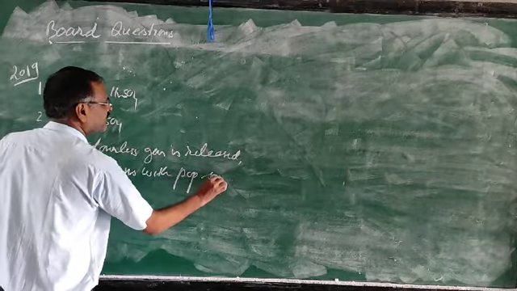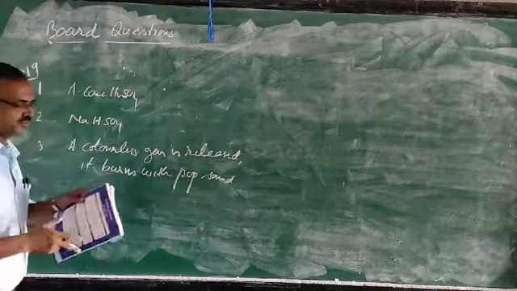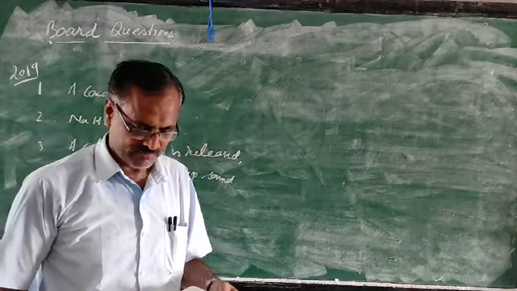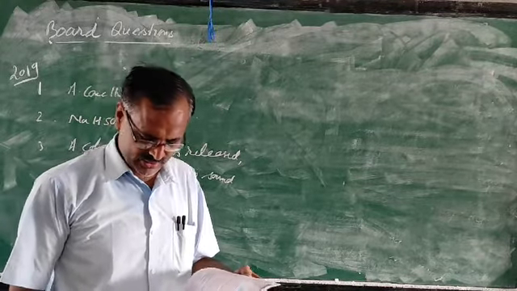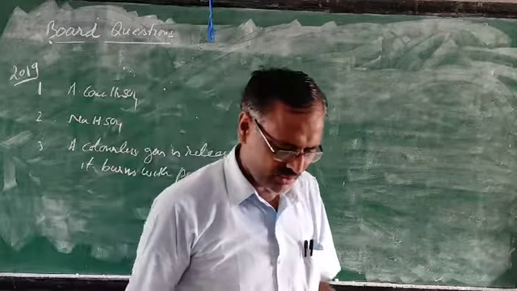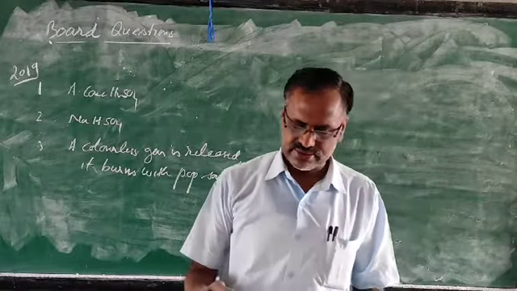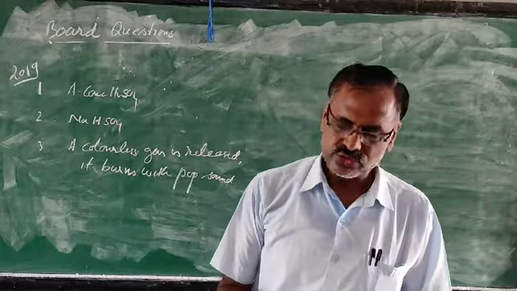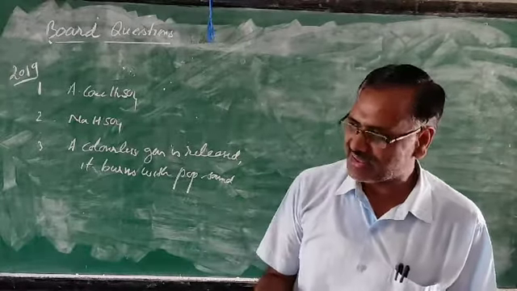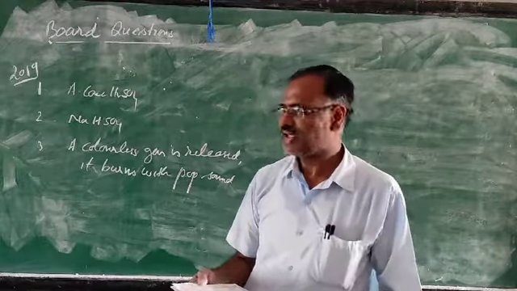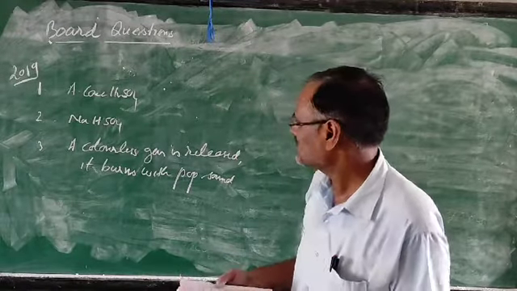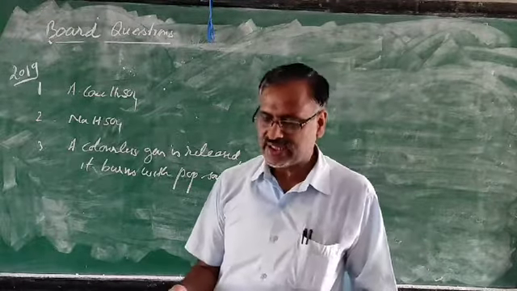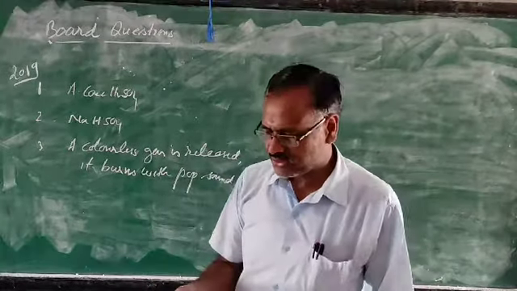This you can give. Otherwise, if you go through your book, that is given on page number 155. When zinc reacts with HCl, they have written effervescence. So you can write effervescence; that is also correct. Either write that a colorless gas is released and burns with a pop sound, which is the test for hydrogen gas, or write effervescence.